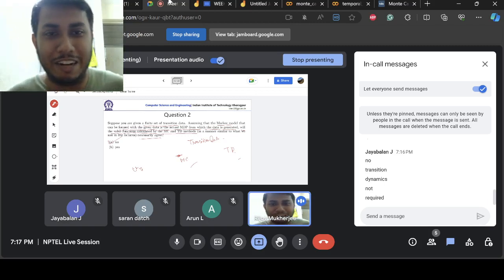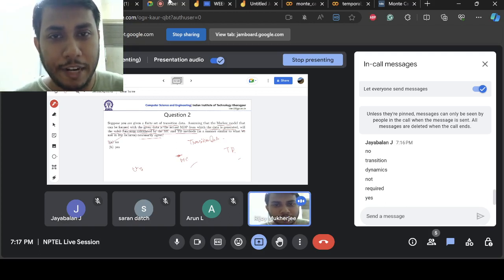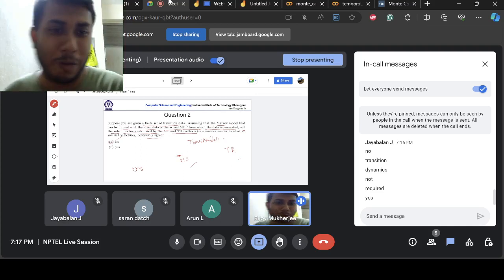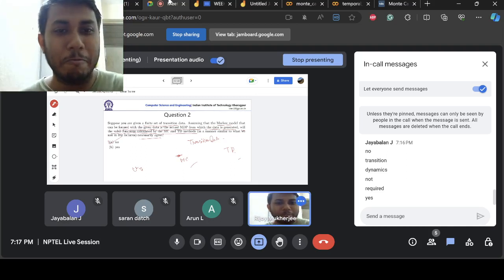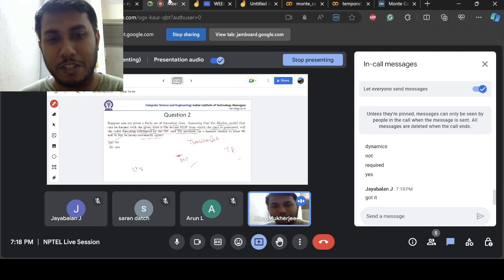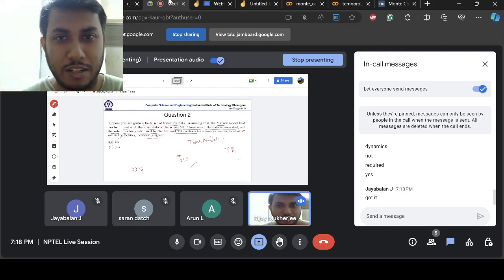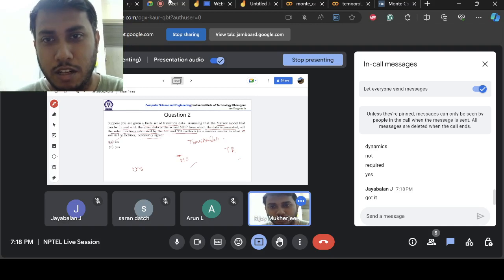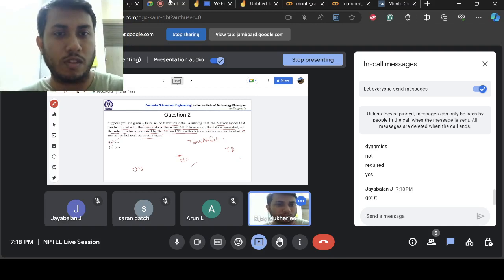For TD, transition dynamics are required, but you only need to know the next state transition, not the whole package. You just need the small portion, just the V of S dash. For V of S, you need the next state, nothing more, right? So yes, it is required, and that's the reason both will give you different results, and so they will never agree.